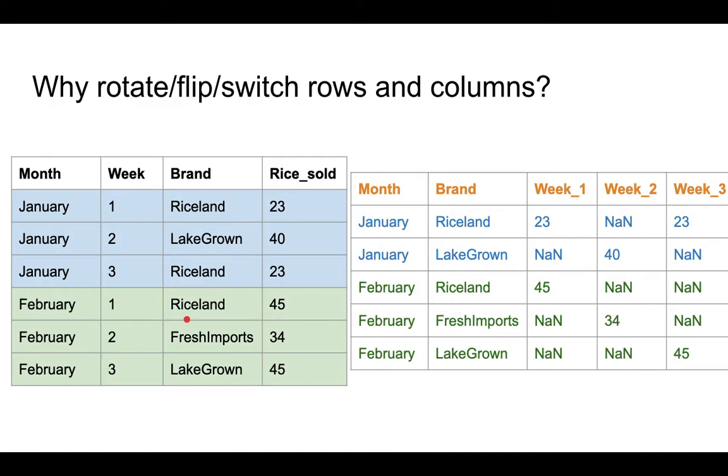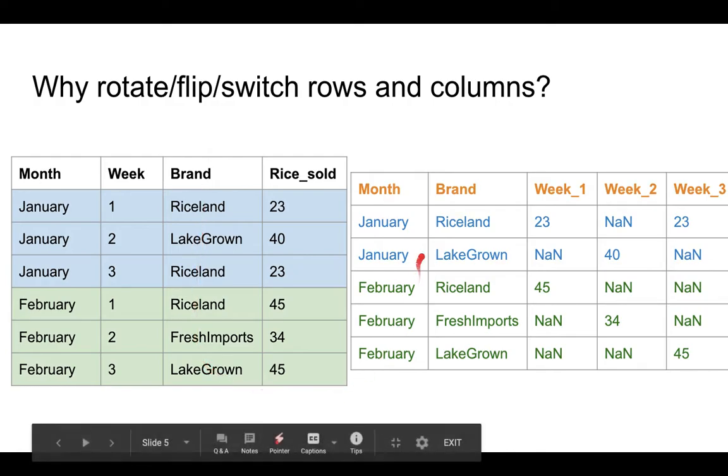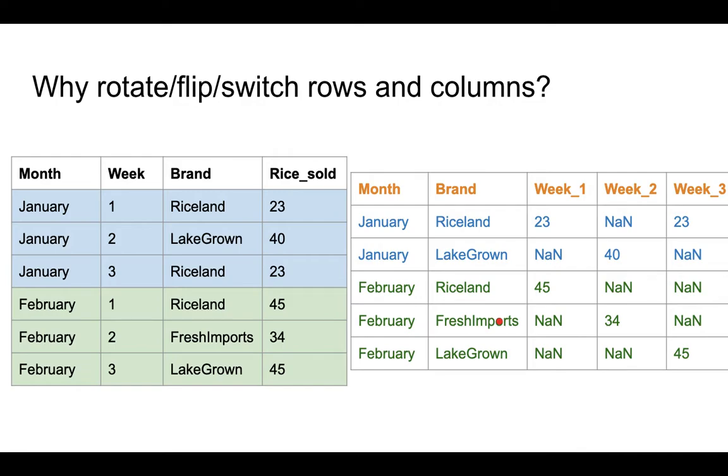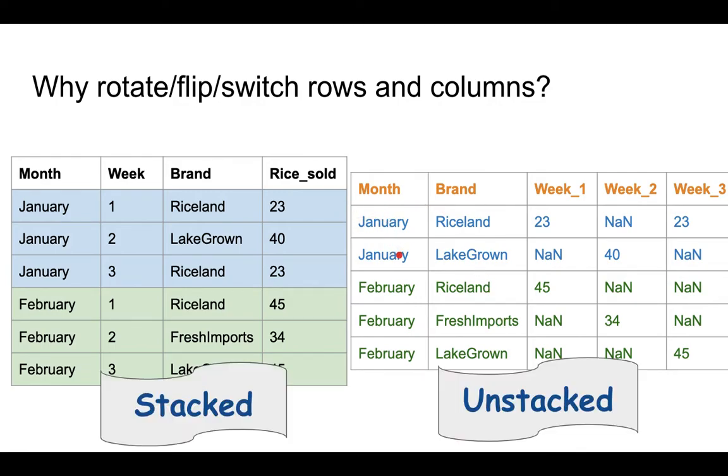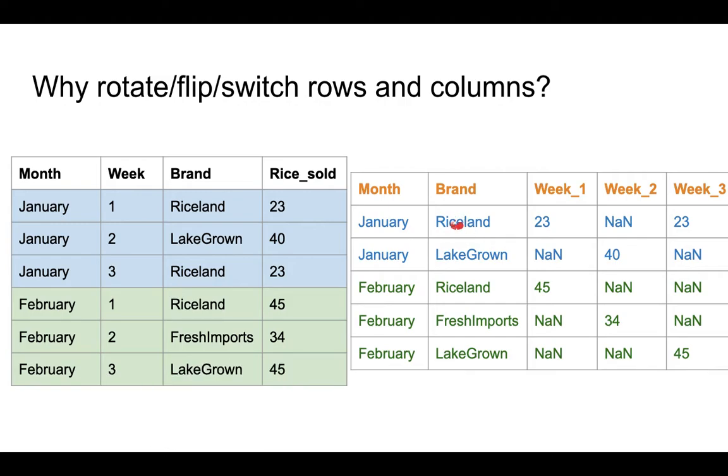Furthermore, in the previous slide we saw that we turned or flipped only the one column, which was week. In this particular example we are doing that, but we are still keeping the brand column in there. What this gives us is a new type of arrangement of data where, for the month of January, we can now see what brand sold how much, and wherever there was nothing sold for that brand, we can see that there is a NaN value listed, as we can see here.